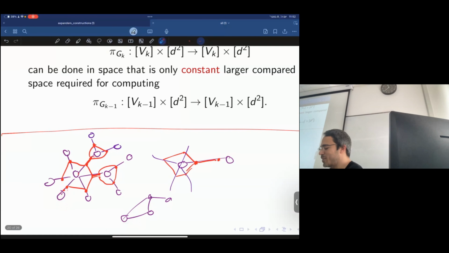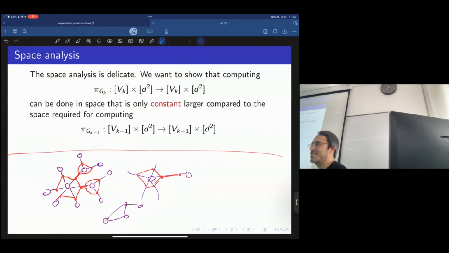I mean I don't have to, but it's nicer. Otherwise, you can take the highest degree and put some loops. But you want the graph to be small because, you will see, the space depends on the graph size.